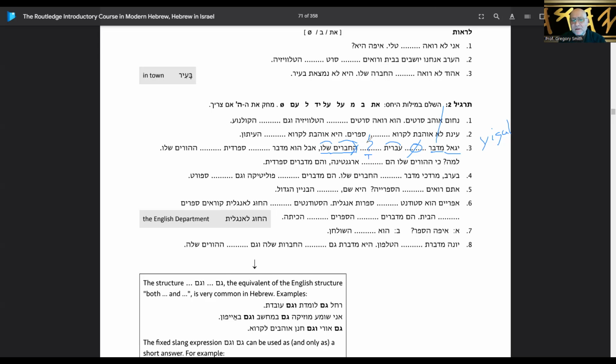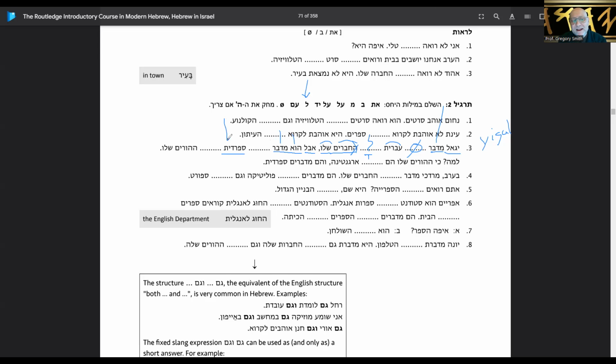So la-haverim, to the friends belonging to him, la-haverim shelo, because I can't think of anything else that would go in there. We've got to have something that means to, and I think that's going to be a lamed, because lamed is 2 or 4. Okay, so la-haverim shelo, to his friends, aval, but hu medaber, but he is speaking, blank.